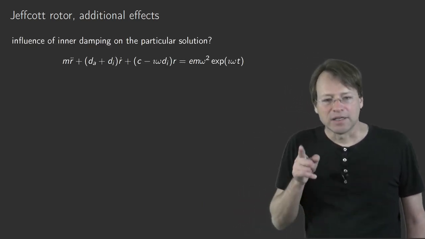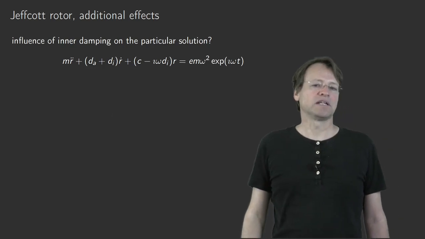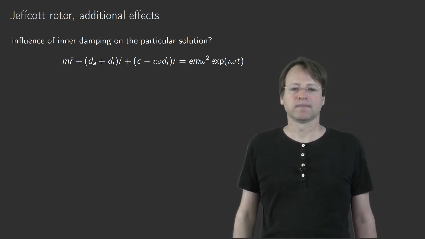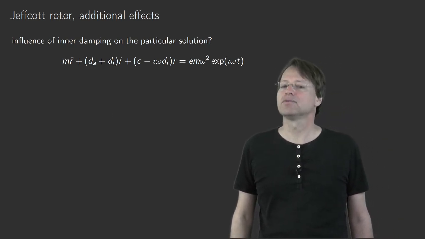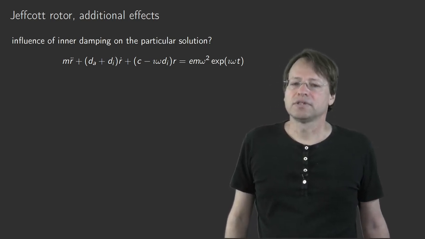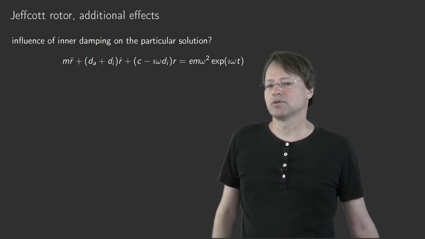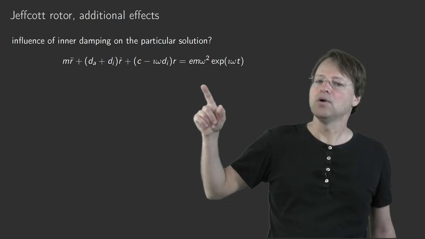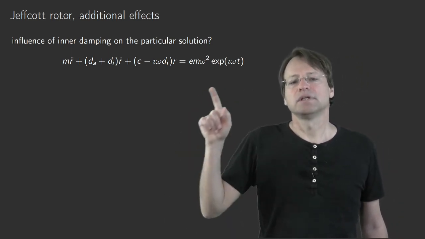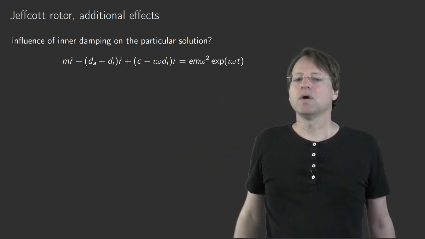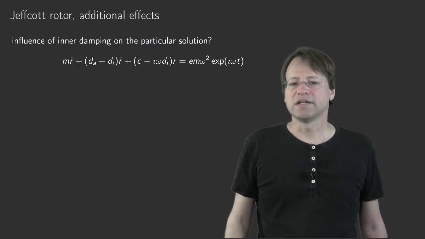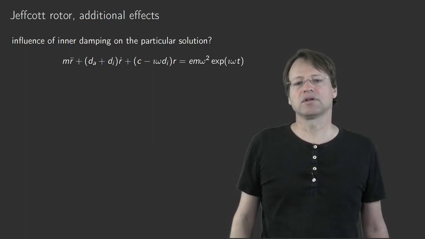Well, the last question: how about the particular solution? Is there no influence of the internal damping on the particular solution? If we look at the whole equation of motion with its right-hand side, you want to apply a setting according to the right-hand side in order to determine the particular solution.